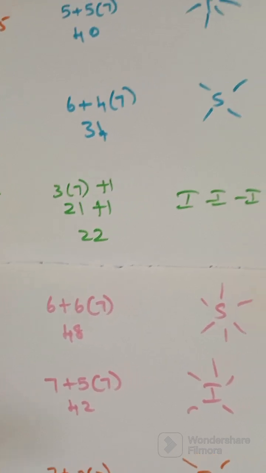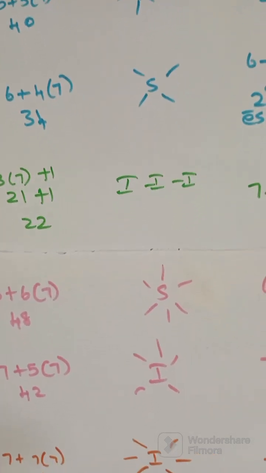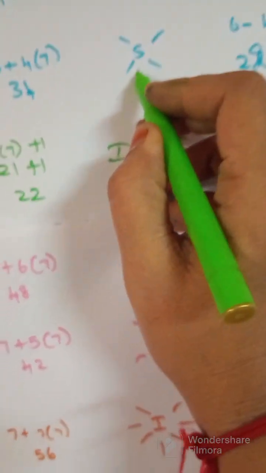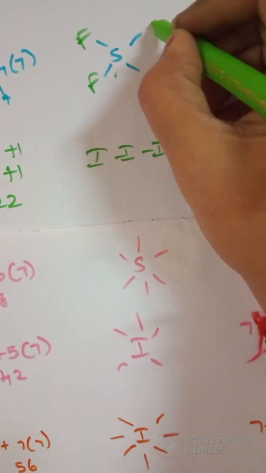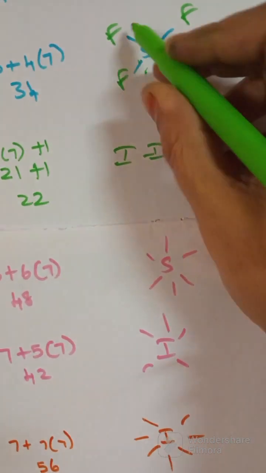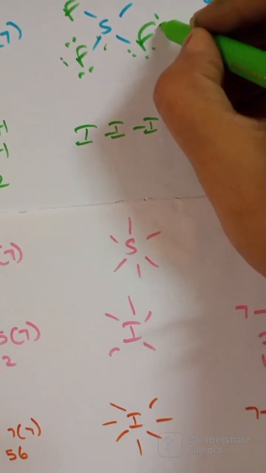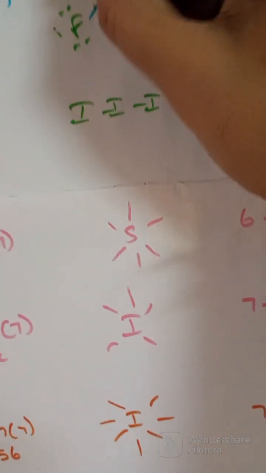SF4, same way, 6 plus 4 into 7 is 34. When you write the structure, sulfur, so there are 4 fluorine atoms. So 2, 4, 6, 8, 10, 12, 14, 16, 18, 20, 22, 24, 26.